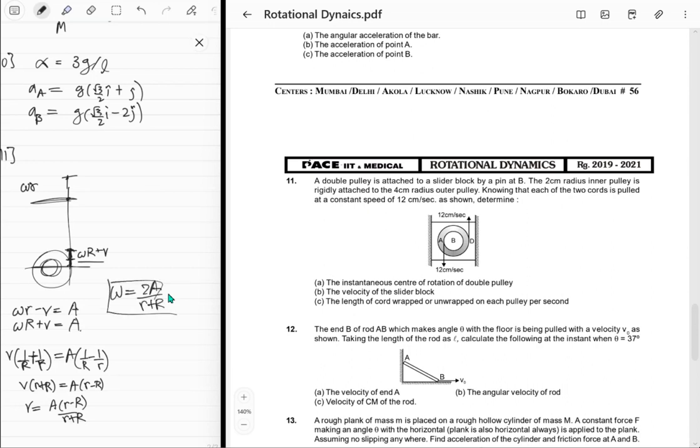So what are we supposed to find? We're supposed to find the instantaneous center of rotation of the double pulley. So this pulley is rotating with angular velocity like this, and then it's going down with velocity A times of capital R minus small r upon capital R plus small r. From this we want to find the instantaneous center of rotation, of course.